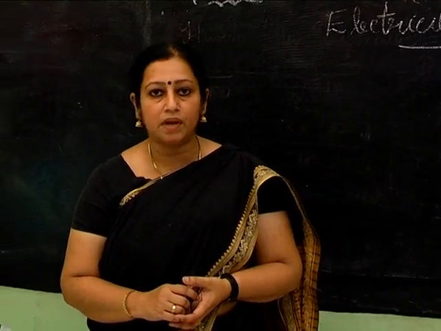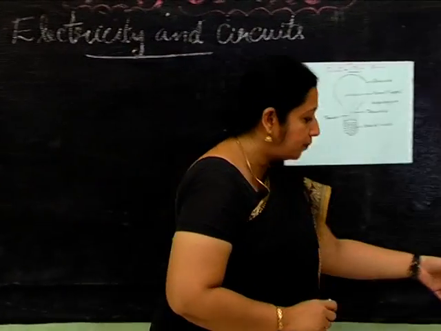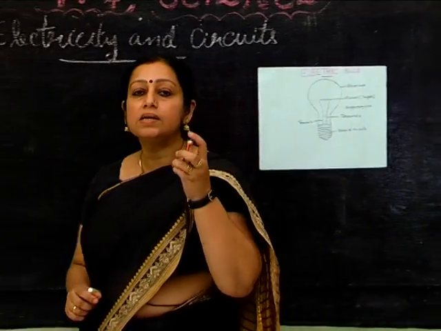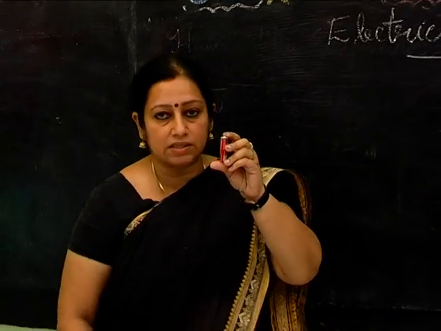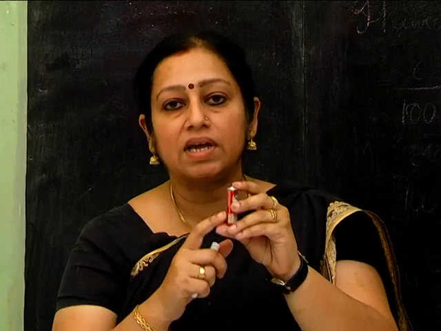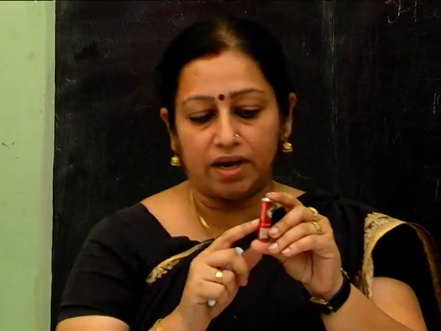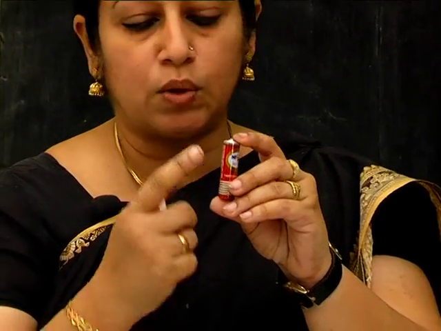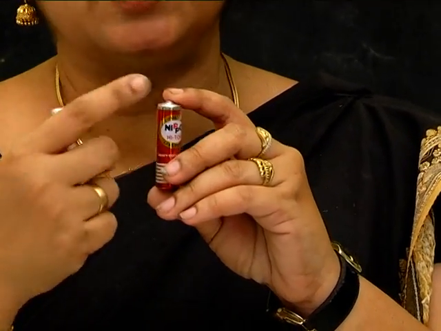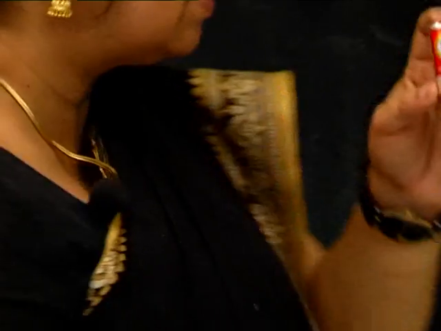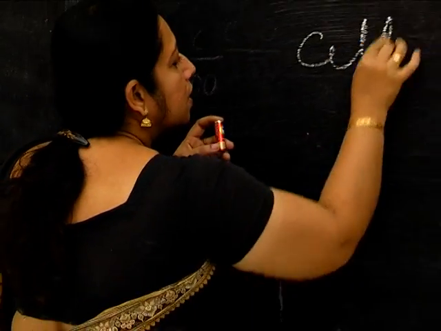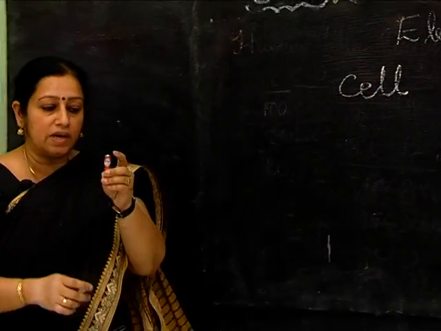powerhouses are there. Cell is a source of electricity. A cell is a device which produces electricity. In this one, chemical energy is filled. When this chemical energy is converted to electricity, we are able to use it. This cell has 2 terminals.